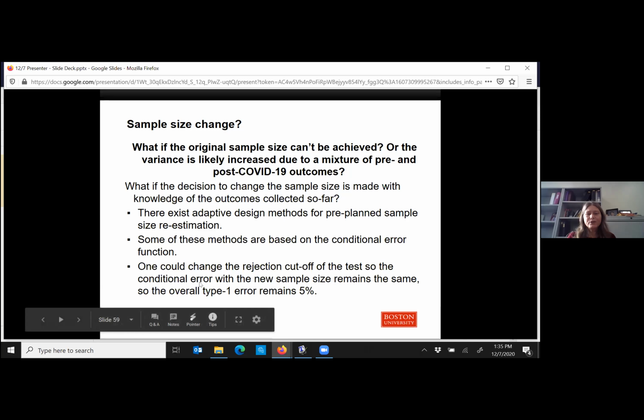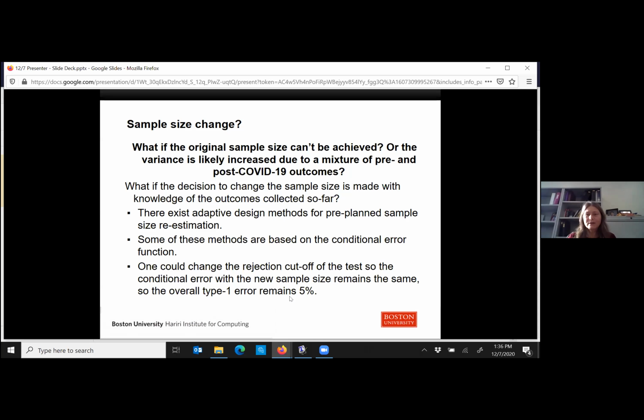If this conditional error is the same with a new sample size because the cutoff of the test has been changed, as it was with the original setup and the original cutoff, then the overall type 1 error rate remains at 5% if the original error rate was also 5%.